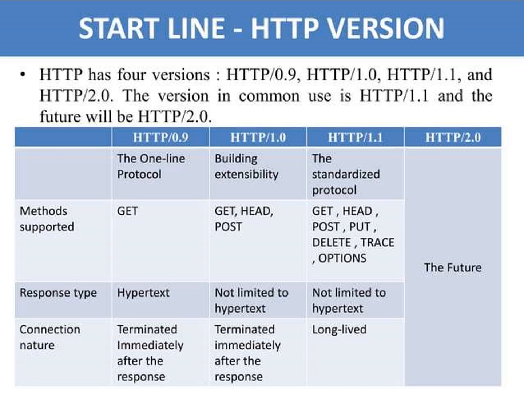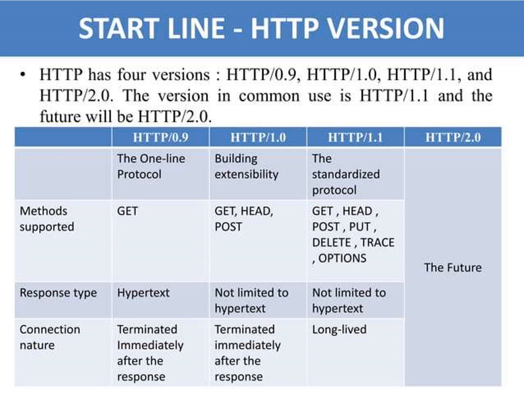Supported method in HTTP 0.9: GET method. In HTTP 1.0: GET, HEAD and POST methods. In 1.1: GET, POST, HEAD, PUT, DELETE, TRACE and OPTIONS methods. Response type in HTTP 0.9 is hypertext, then 1.0 is not limited to hypertext, and 1.1 is not limited to hypertext.